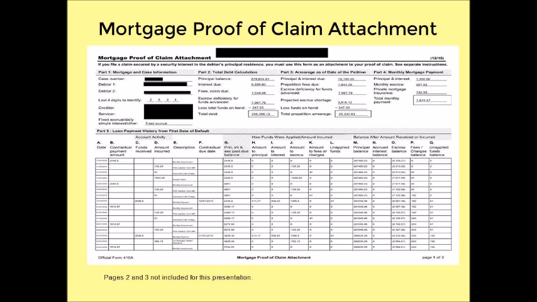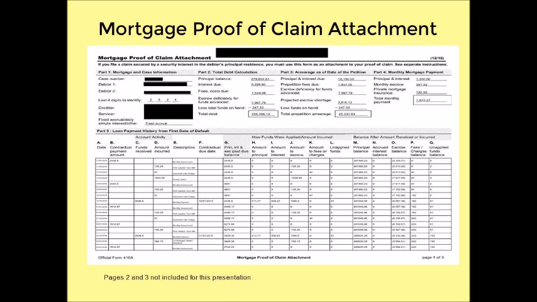This is what the trustee is going to pay from if you have a trustee in your area that makes the post-petition payments as part of the plan. It gives clear direction as to the principal and interest, the escrow, any PMI, private mortgage insurance, and then the total monthly payment.